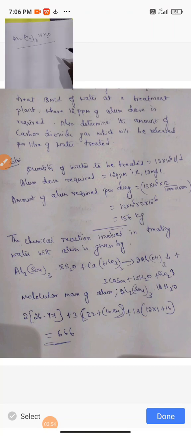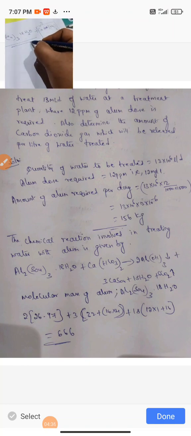The chemical reaction involved: Al2(SO4)3·18H2O is the alum which we add into the water, that means the wastewater, to remove the suspended particles. It combines with calcium bicarbonate, Ca(HCO3)2, the salt which is present in the water.